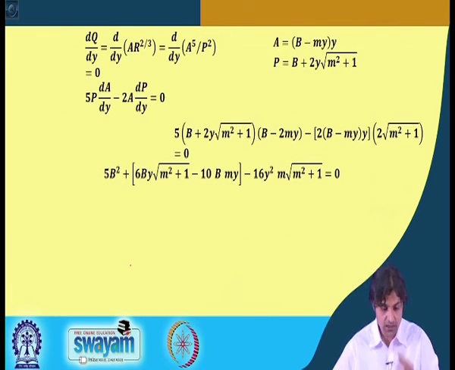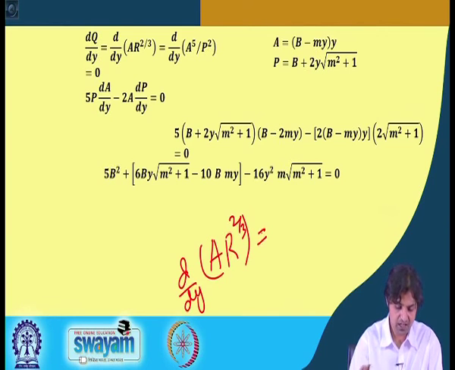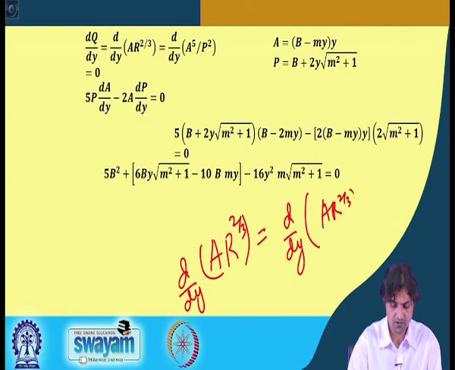So, simply dQ by dy is going to be d/dy of A R to the power 2 by 3, because n and S naught are constant. In terms of A and P, if you write R to the power 2 by 3 as (A by P) to the power 2 by 3, then A into R to the power 2 by 3 is the same as d/dy of (A times A squared by P squared) to the power 1 by 3 whole cube, correct?